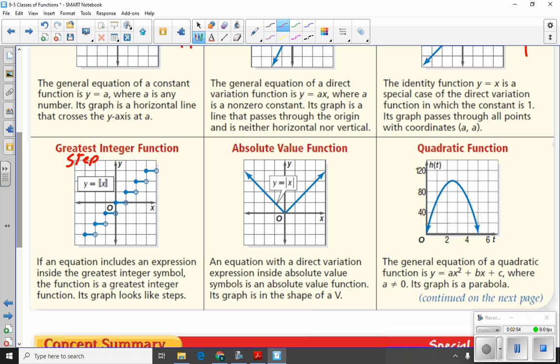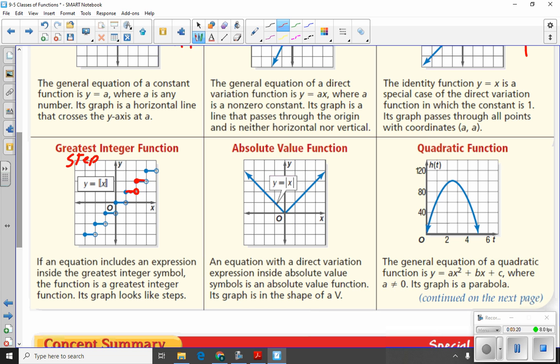So if x is 1.5, the greatest integer function cuts off the 0.5, and the y will just be 1. So if you go over 1.5, you will still be up 1. And that's what creates these flat horizontal lines. And as soon as you get to the next integer, that's when it jumps up to the next one, creating the next step. So greatest integer function, aka step functions.